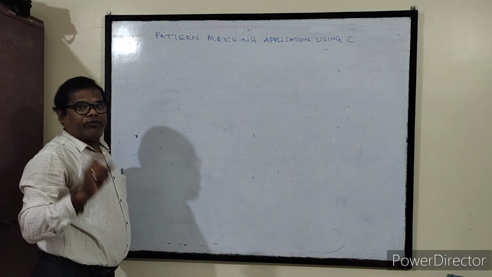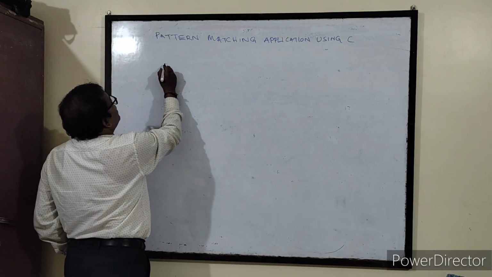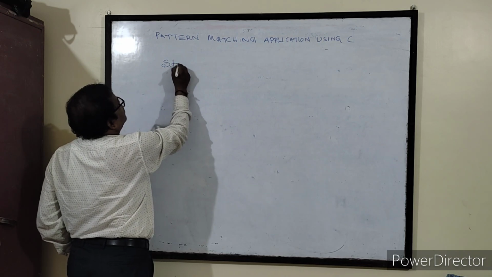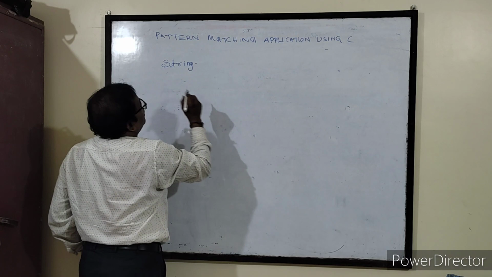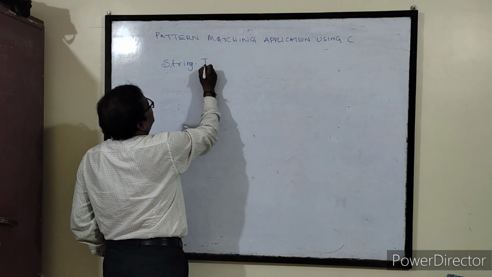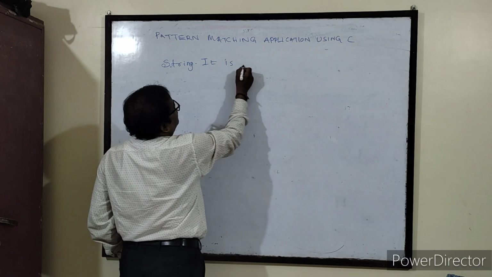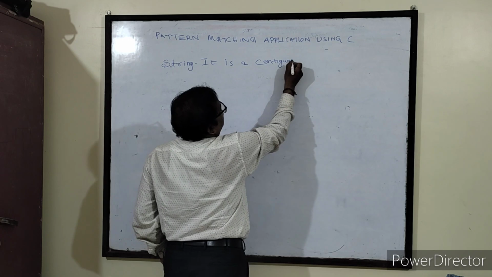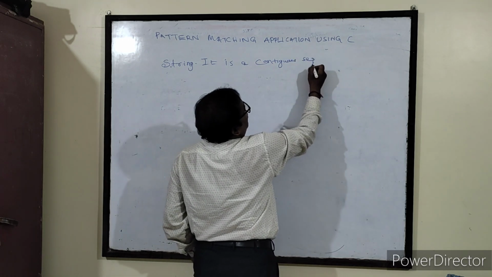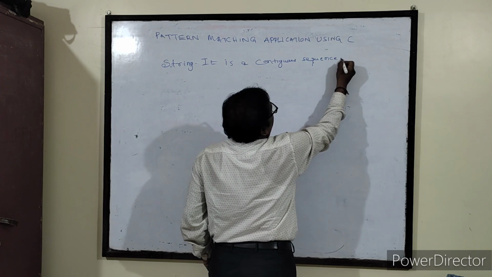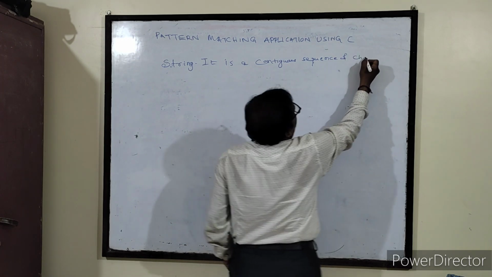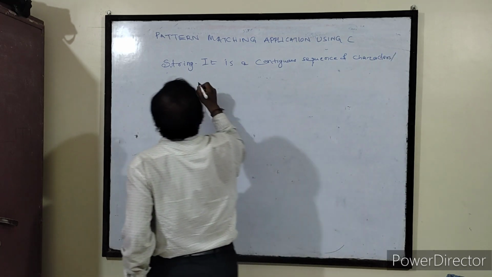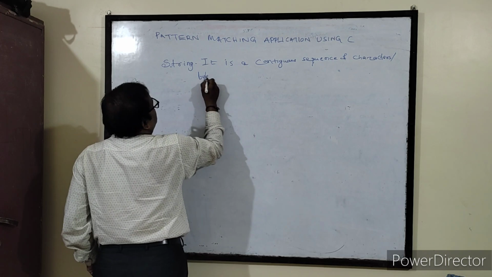What is that pattern? Before that, understanding what the pattern is here, let me explain what a string is. So we should have the concept of the string here. What is the string? It is a contiguous sequence of characters, maybe we can say characters or bytes, right?